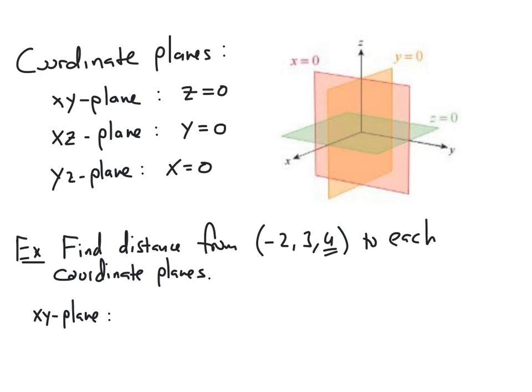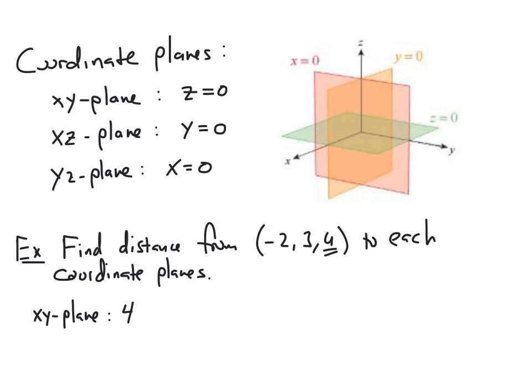The z-coordinate of this point is 4, which tells me that this point lies 4 units above the xy plane, 4 units along the z-axis in the positive direction. And so the distance of this point from the xy plane is simply 4.